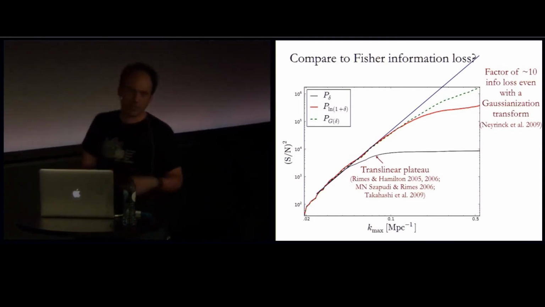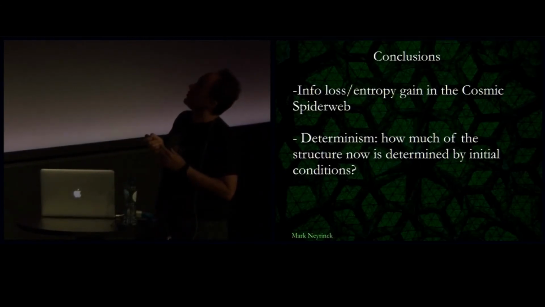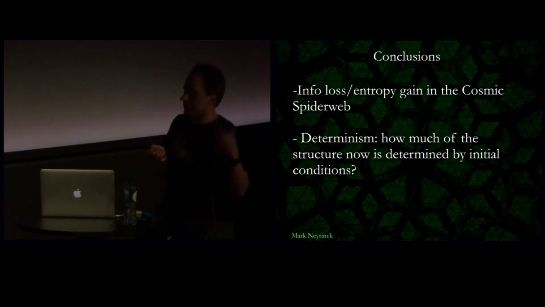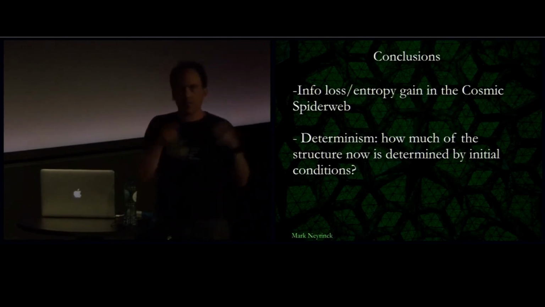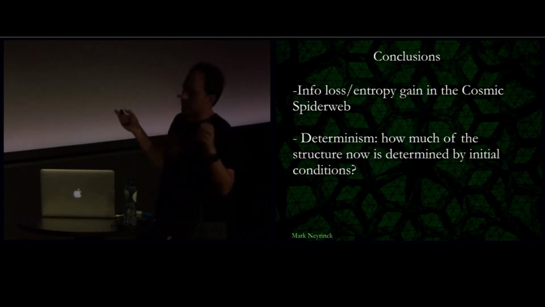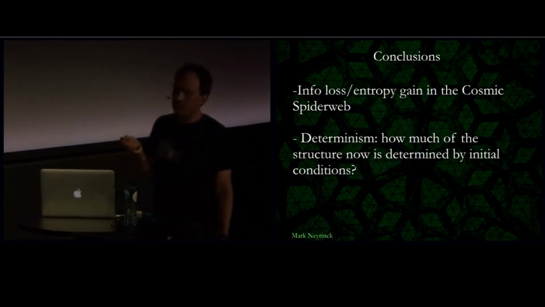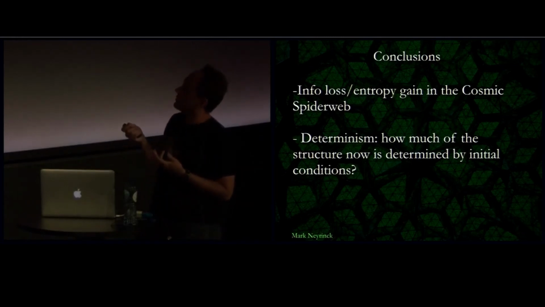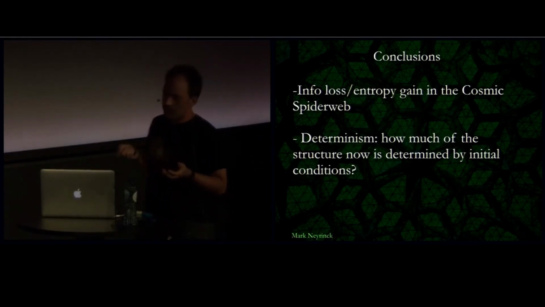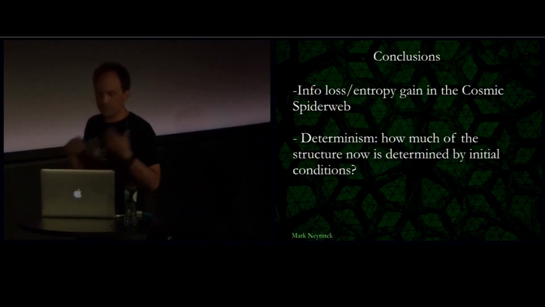So I'm going to stop there. I talked a little bit about how information is lost in collapsed structures when threads of the cosmic spiderweb form. Another thing I want to close with is an idea about determinism: how much of the structure now is determined by the initial conditions.